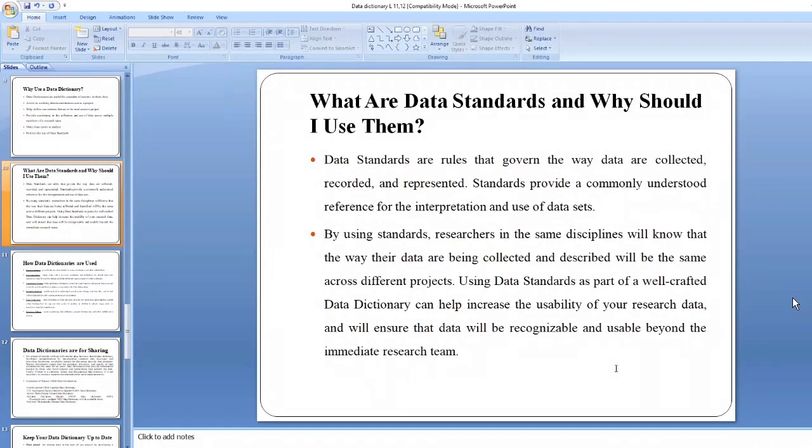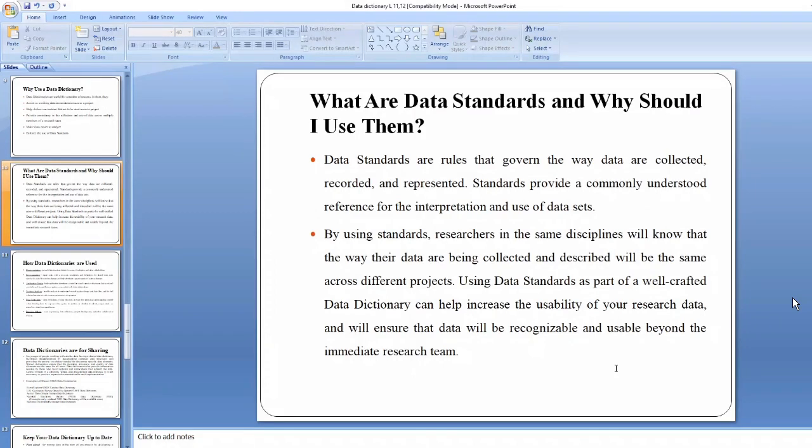So it tells us how data is collected from different resources, what the resources were, and what the authenticity of the data is. It always defines the source of the data from where it has been collected.